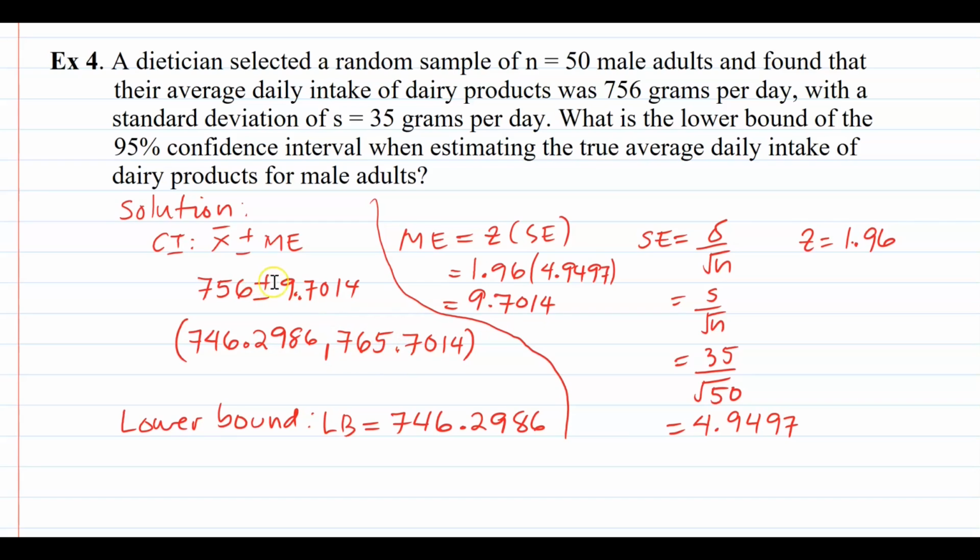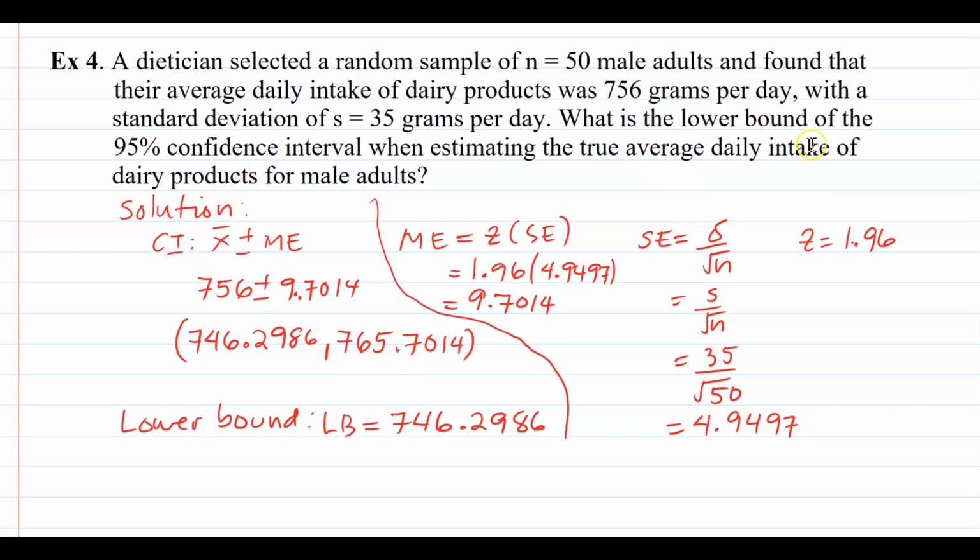We are going to use the plus sign. So 756 plus 9.7014 will give us 765.7014. This interval, we call the 95% confidence interval of the population mean.